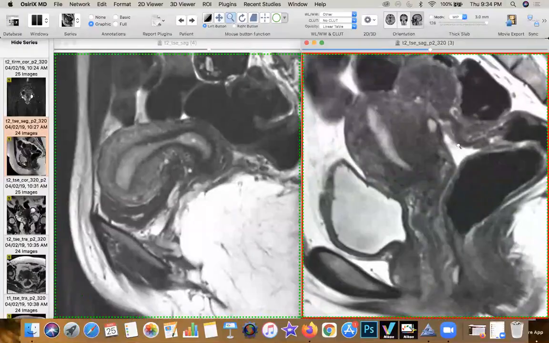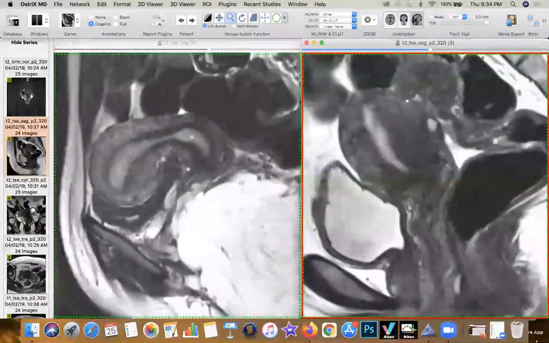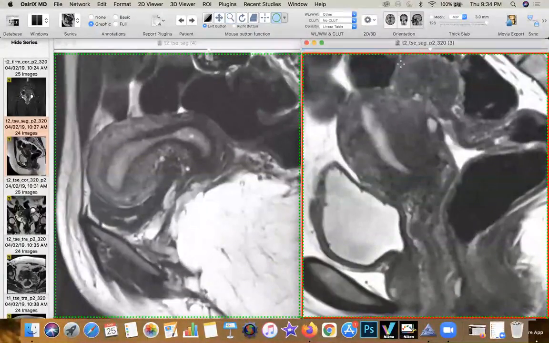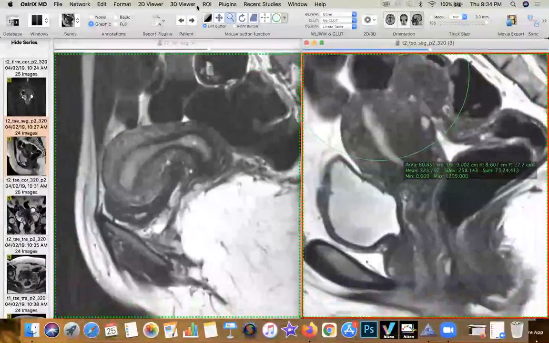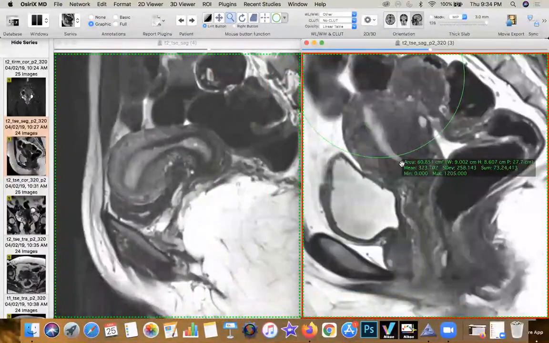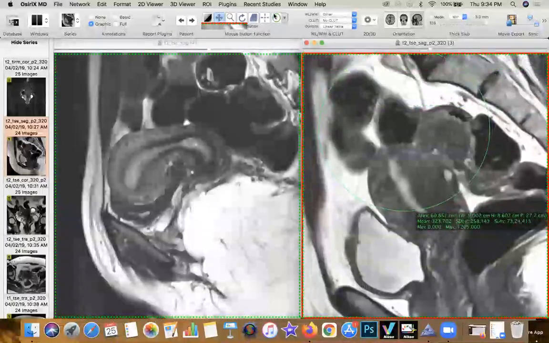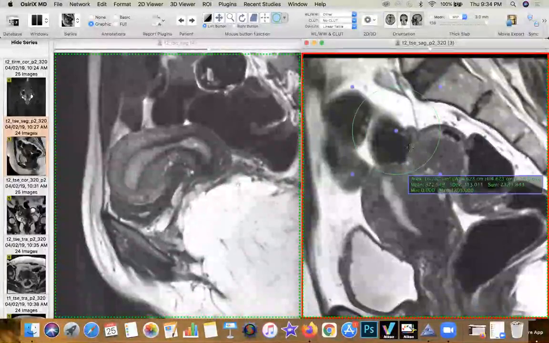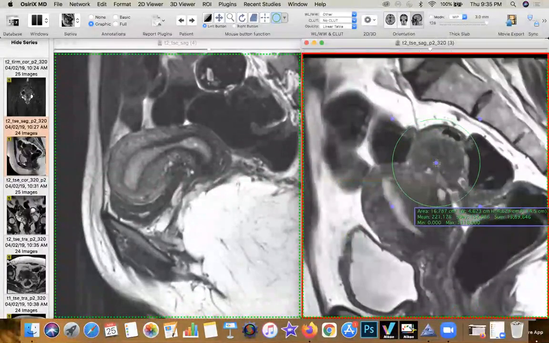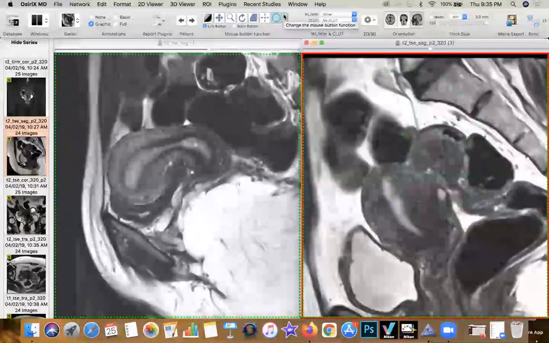In this patient, that's the area which you want to really concentrate on. I'll demag the image, sorry. So concentrate on this area. Yeah, that's the only thing I want you all to concentrate on.